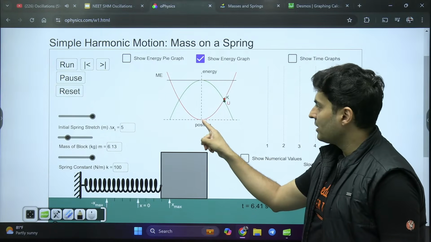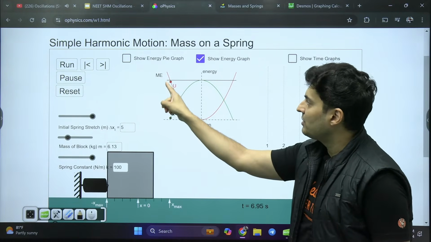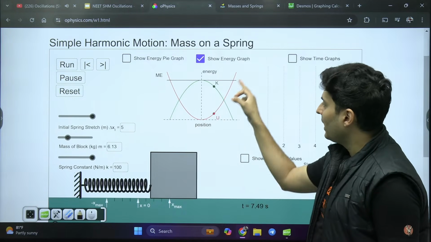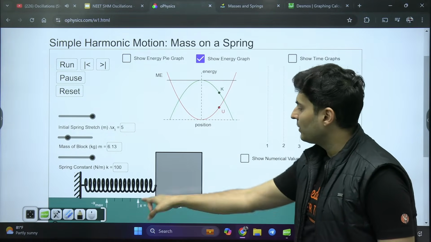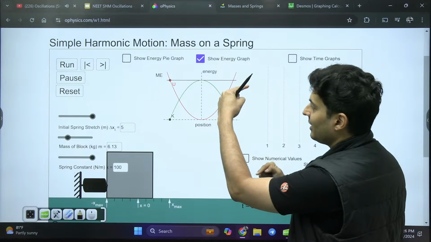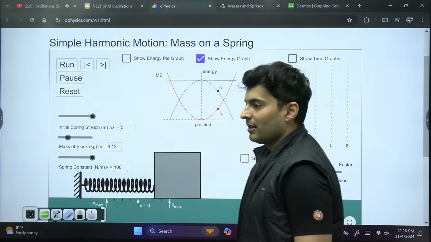So potential energy stored is 0. Again, when it gets compressed, maximum energy gets stored. Again, spring energy becomes 0, and again it gets extended, becomes maximum. Again it comes back to 0 spring potential energy. So one increases, other decreases, other decreases, this increases. The total sum will remain a constant.